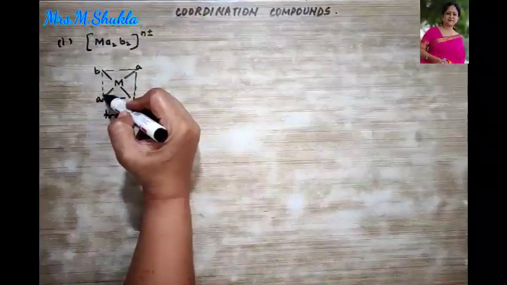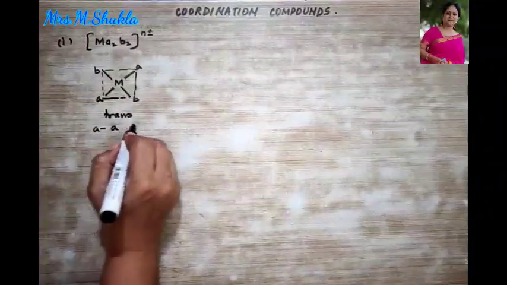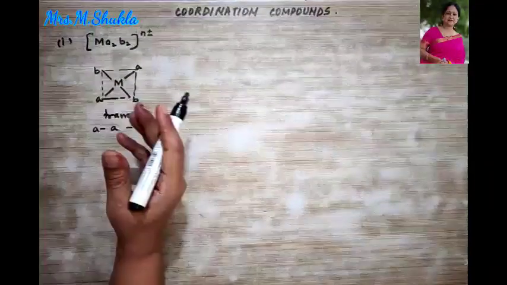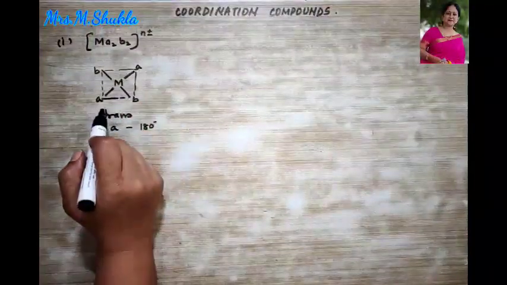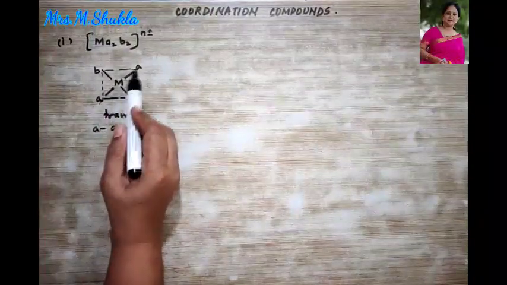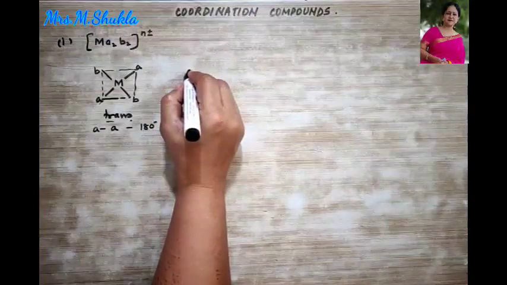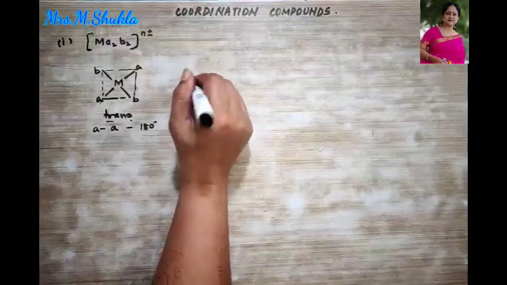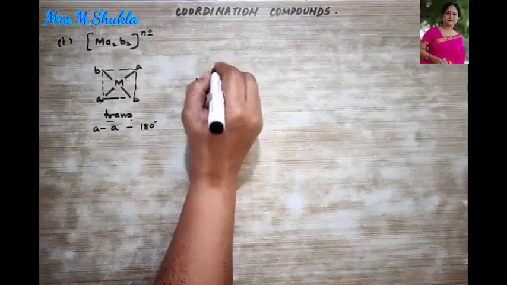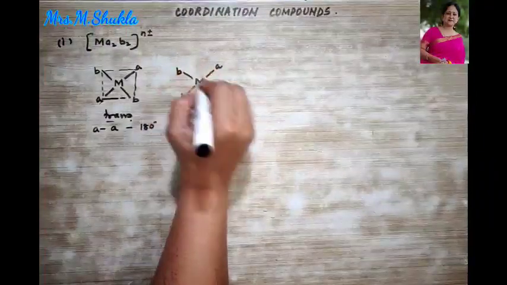Because if we see over here, the AA is forming 180°. Therefore, it is trans, or in other words, when the two same atoms are opposite to each other, they form trans. And the other one will be like this: this is the central metal atom, this will be A, this is B, this is B, this is A.